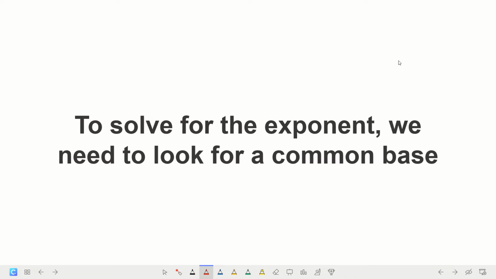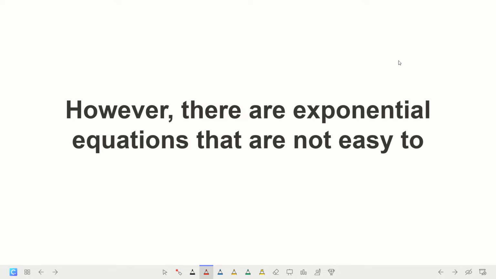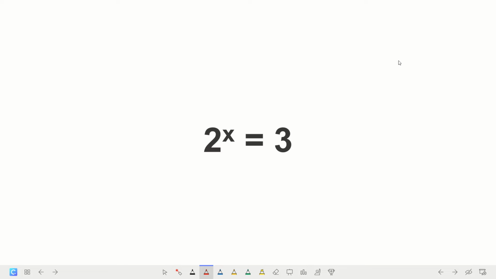So we know that in solving exponential equation, to solve for the exponent, we need to look for a common base. However, there are exponential equations that are not easy to solve. So for instance, we have 2 raised to x is equal to 3. So the base here is 2 and 3. So how are you going to look for the common base of 2 and 3? We know that mahirap siyang hanapan ng common base because their common base is not a whole number.